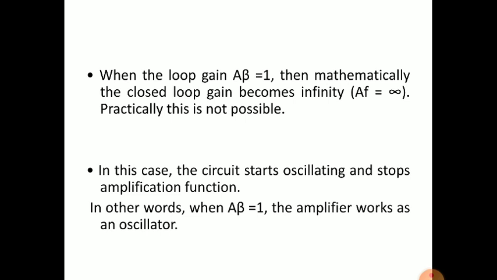So the input DC is converted into oscillations. In other words, when A beta is equal to 1, the amplifier works as an oscillator.